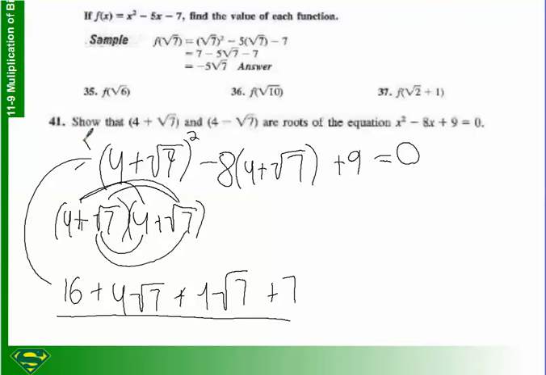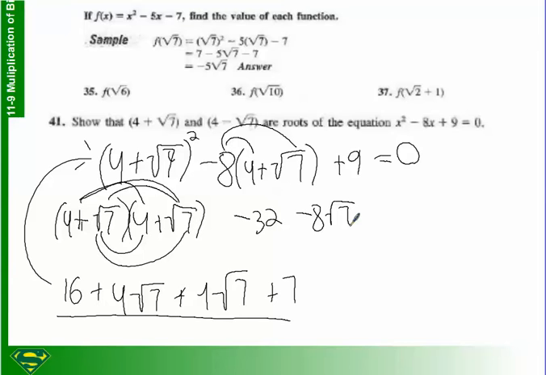And so next we have our second part of our equation, which is negative 8 times, well, we're going to be distributing negative 8 to the 4 and to the square root of 7. So negative 8 times 4 is negative 32. And then negative 8 times the square root of 7 is going to be negative 8 root 7, and then we're just going to be adding 9.